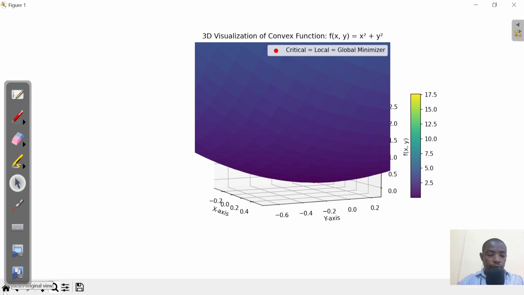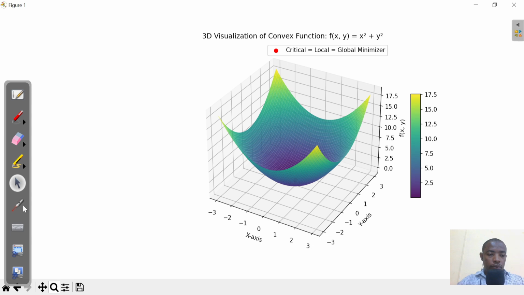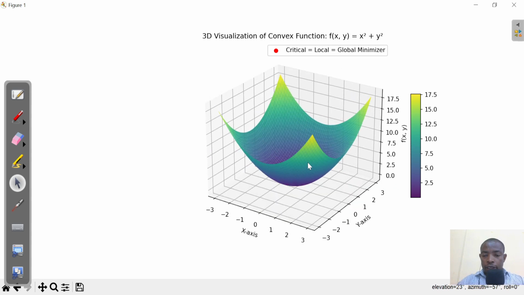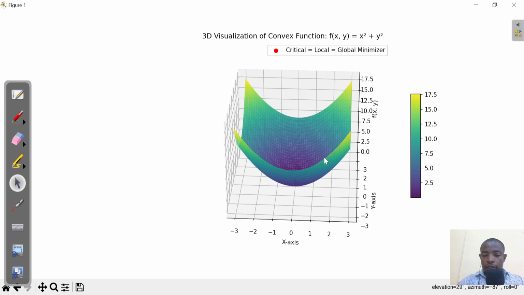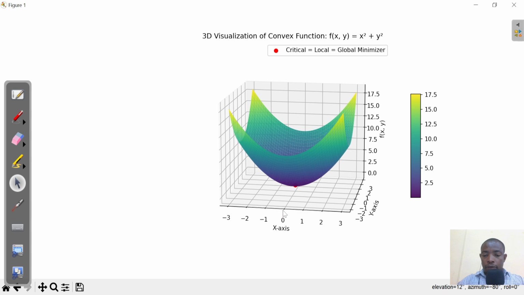Let me go back. This red dot is pointing us to the minimal point, and if you critically look at this based on the calculations, we came up with the fact that the minimal point on the x-axis is 0.